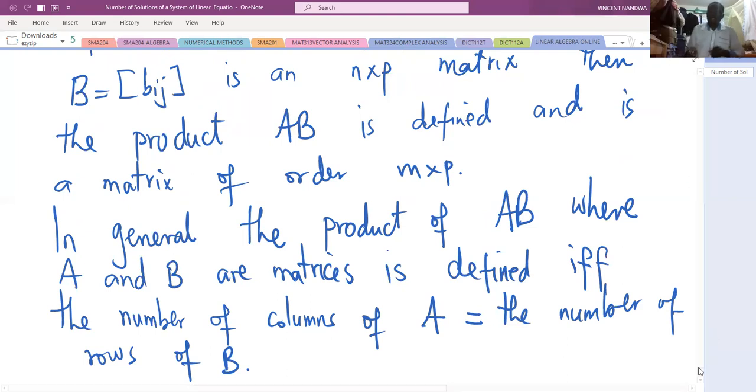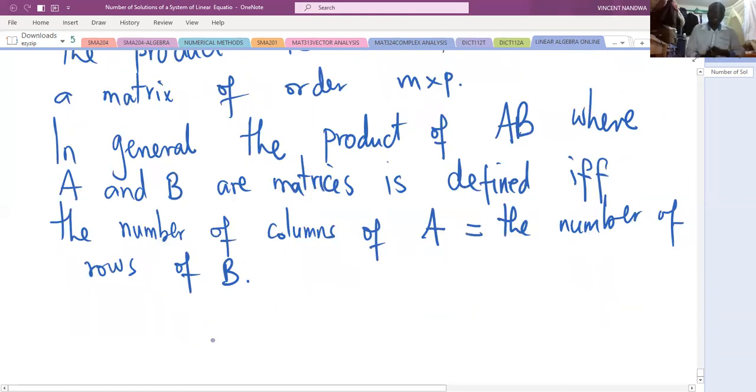So that's why we are saying that if we have a matrix A of order M by N and a matrix B of order N by P, then AB is defined.